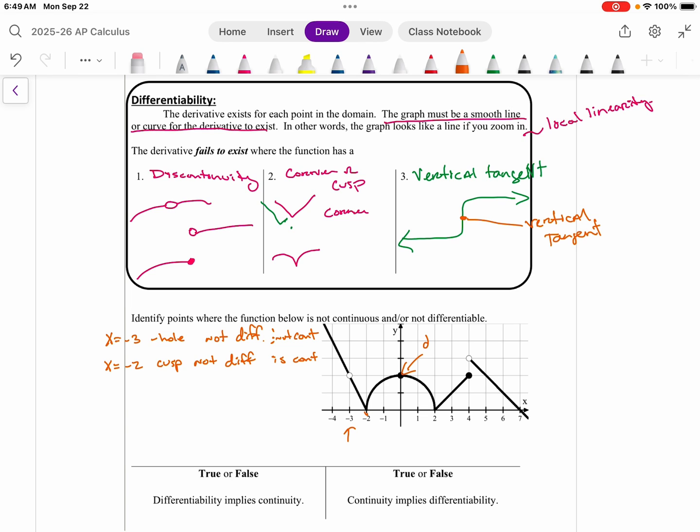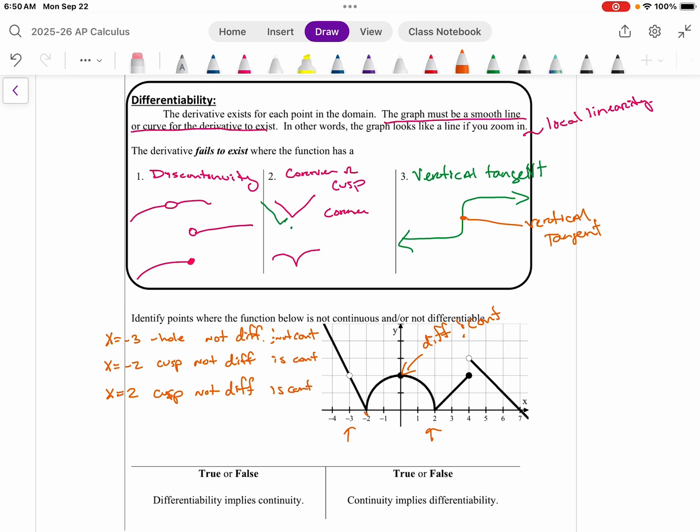It's differentiable and continuous. We can see the limit: as we approach 0, the limit is 2. Next one would be x equals 2. Again, we see another cusp here. So again, not differentiable, even though it is continuous there.